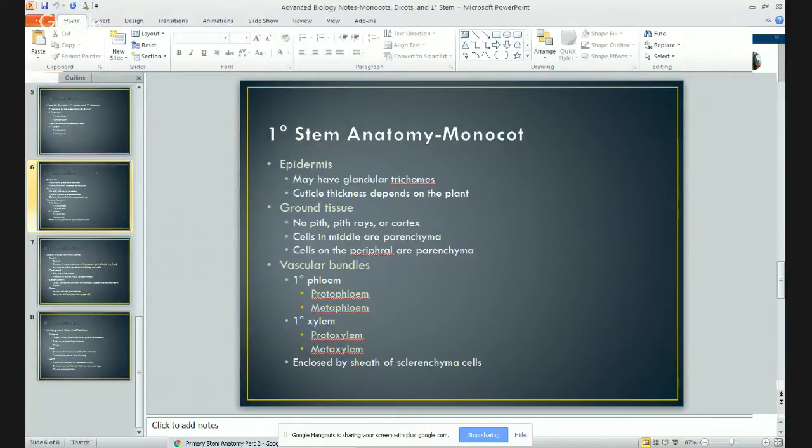It's not there at all. So basically everything in the middle and on the sides of those vascular bundles is just parenchyma cells or storage cells. Nothing special. And instead of being called the pith or the pith rays or the cortex, it's going to be called ground tissue.